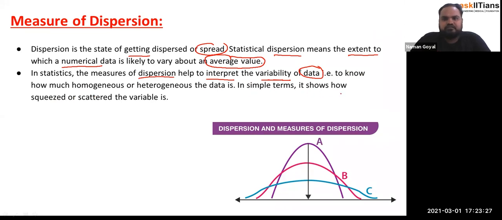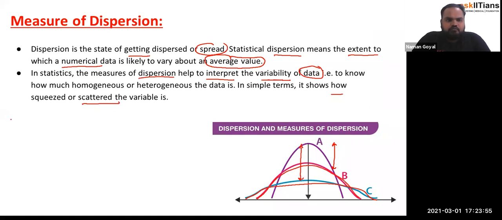In simple terms, it shows how squeezed or scattered the variable is. If you see this diagram, this is the original value, this is the dispersed value in one data, and this is the dispersed value in second data. The data for B is dispersed that much, and for C that much. So we are going to calculate this.